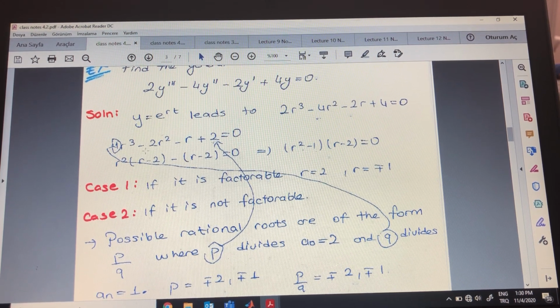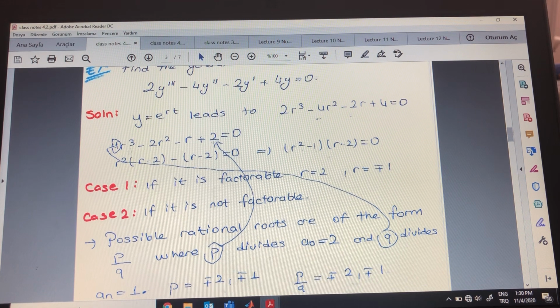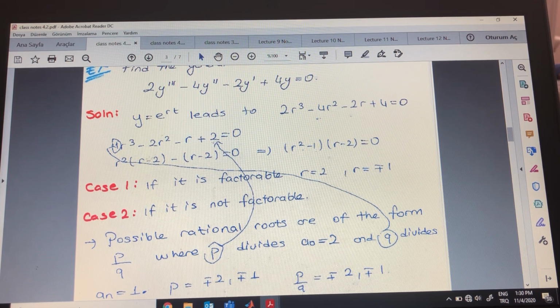If you can factor it out, first I divide this one by 2, so you have r cubed minus 2r squared minus r plus 2 equals 0. And you can factor out r squared in here, and in here you will have r minus 2. So if you factor out r minus 2, you will have r squared minus 1 times r minus 2, as you can see here.